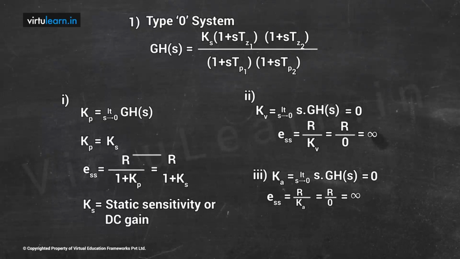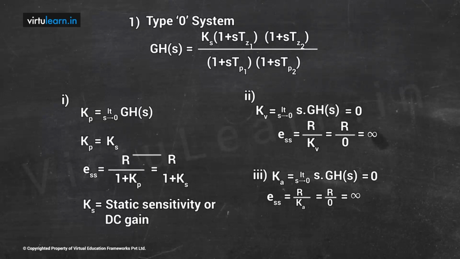When you take p is equal to 0, that is s power 0, that is 1, your open loop transfer function GH of s is equal to Ks into 1 plus s Tz1, 1 plus s Tz2 divided by 1 plus s Tp1, 1 plus s Tp2 and so on. So this is GH of s.